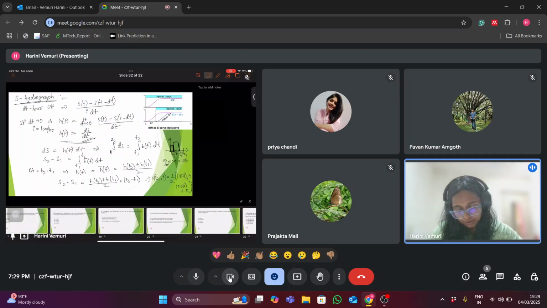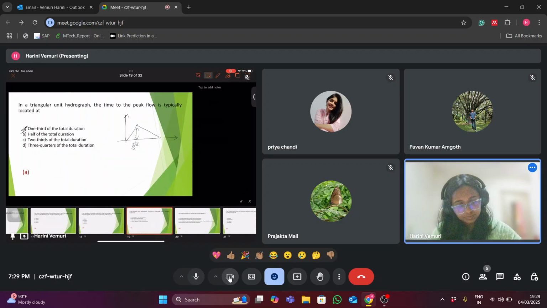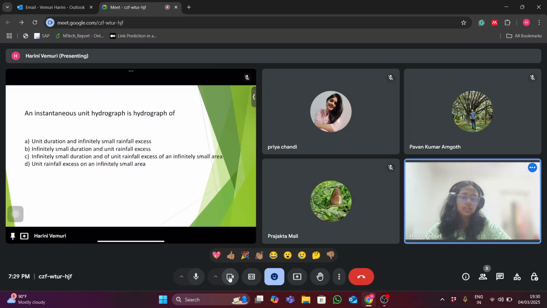So now let's look into a few other problems or questions. The next question is, an instantaneous unit hydrograph is the hydrograph of: option A, unit duration and infinitesimally small excess rainfall; option B, infinitesimally small duration and unit excess rainfall; option C, infinitesimally small duration and unit excess rainfall of an infinitely small area; option D, unit rainfall excess on an infinitely small area.